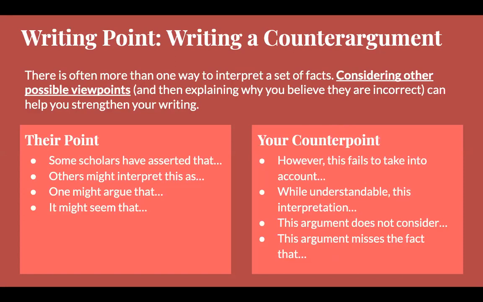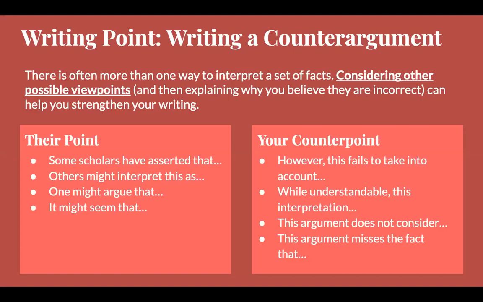Okay, so in the their point column, we have sentence patterns like some scholars have asserted that, others might interpret this data as, one might argue that, or it might seem that. So these are sentence patterns that you can use to introduce the argument you're going to be refuting.